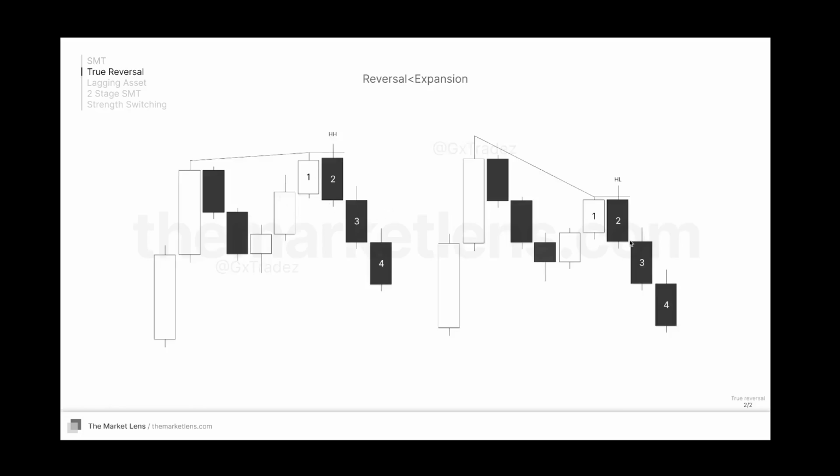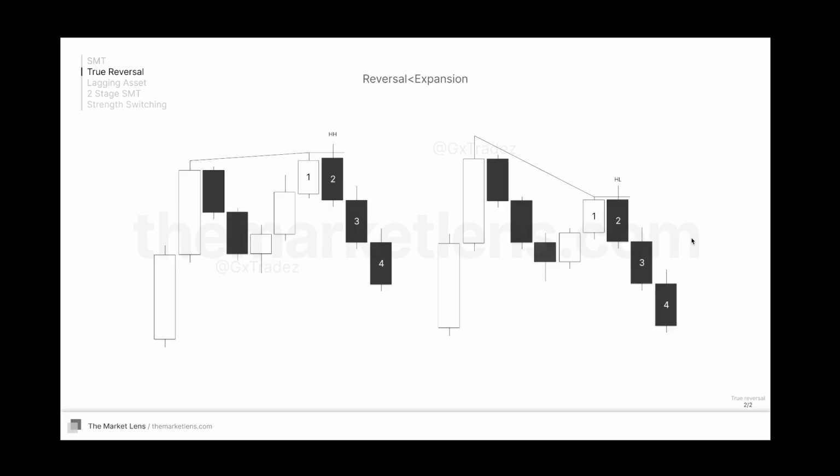Now this is where a lot of people go wrong. They look at the asset that creates a lower low, right? And they want to focus on this asset only, but you actually need to reverse that, and you need to be paying attention to the asset that sweeps because this asset has to reverse. Okay? If this asset doesn't reverse, well, then that means that this asset will not reverse, right? Because when markets expand, all assets need to be correlated, right?